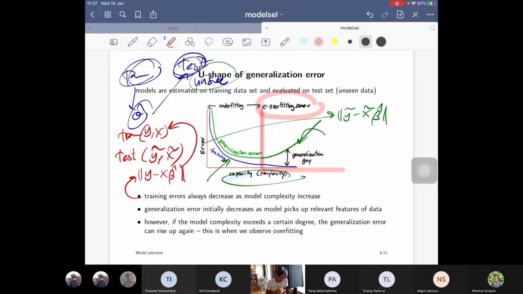In that case the model no longer adapts to the true characteristics of the data, but rather adapts to something not significant, for example the noise. The condition where your error is still too high is called the underfitting zone. You're using too simple a model to explain something that is not simple.